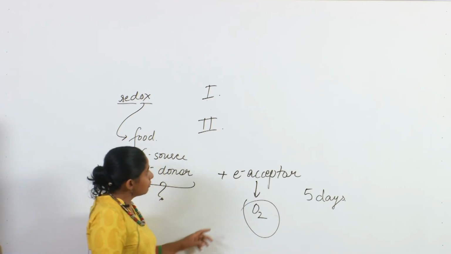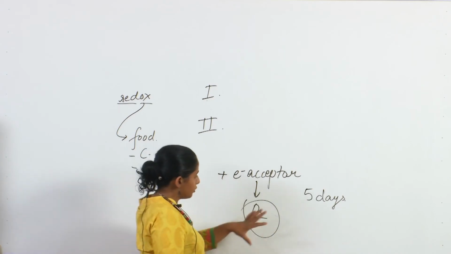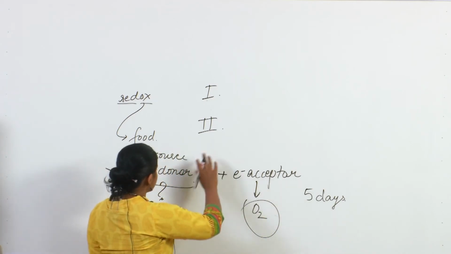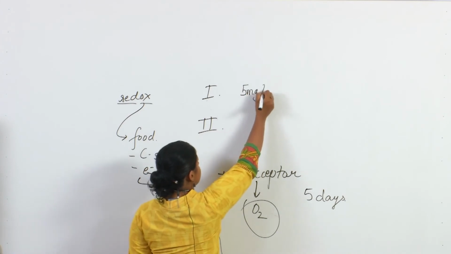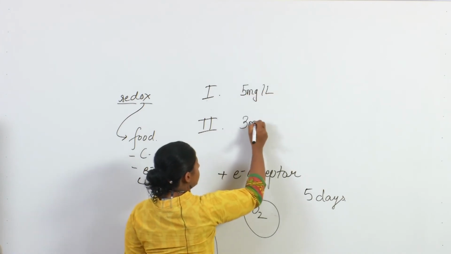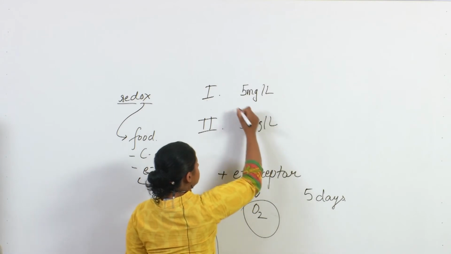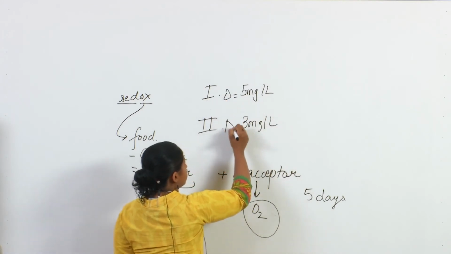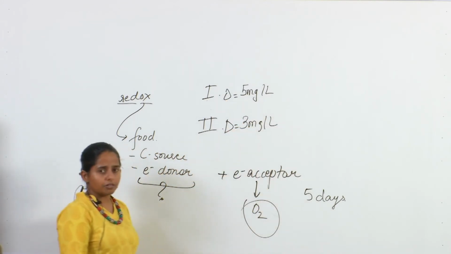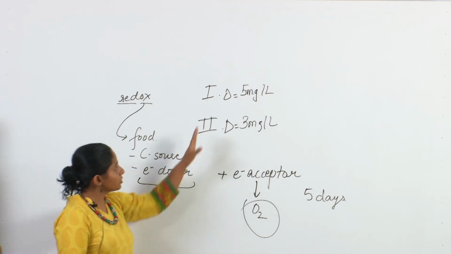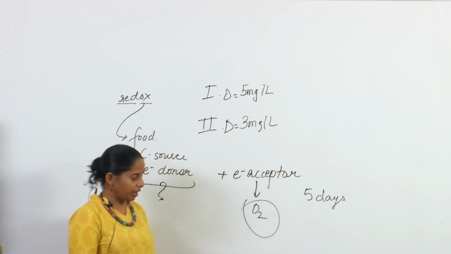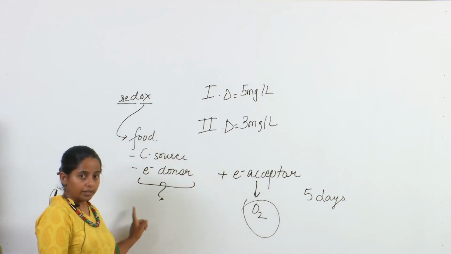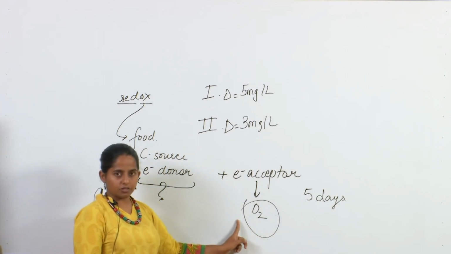So let's say after 5 days of incubation, I noticed that the dissolved oxygen in sample 1 has dropped by 5 milligram per liter, and in the other it has dropped by 3 milligram per liter. So this is the delta in DO. This is the consumption of dissolved oxygen. So I know that more oxygen was consumed in sample 1. If more oxygen was consumed in sample 1, I can say more electron donor was there to be digested with this oxygen.